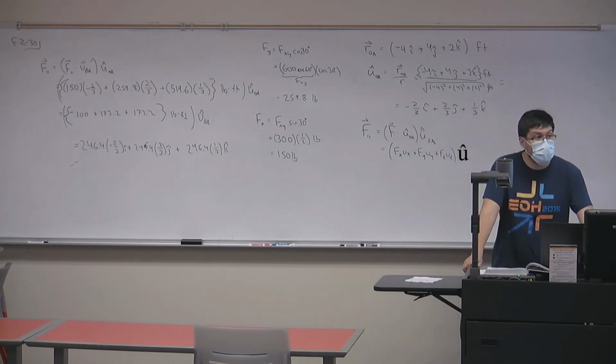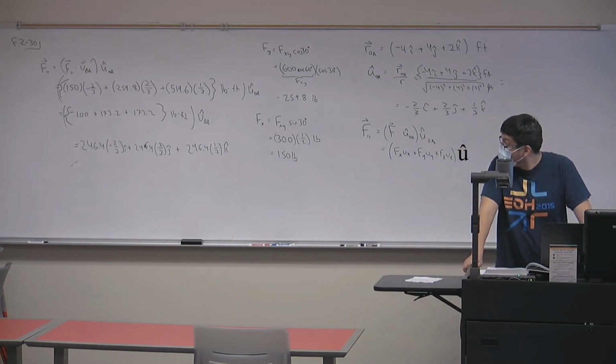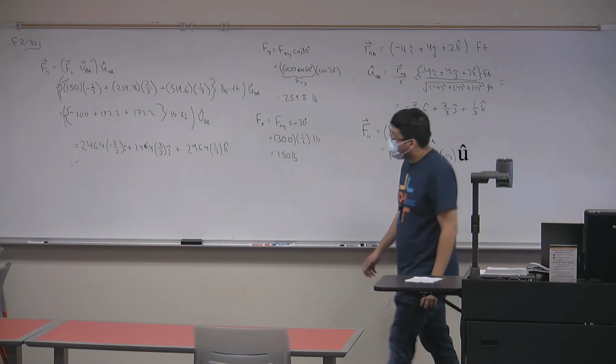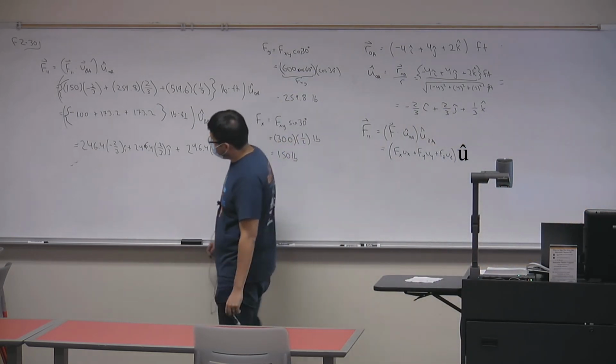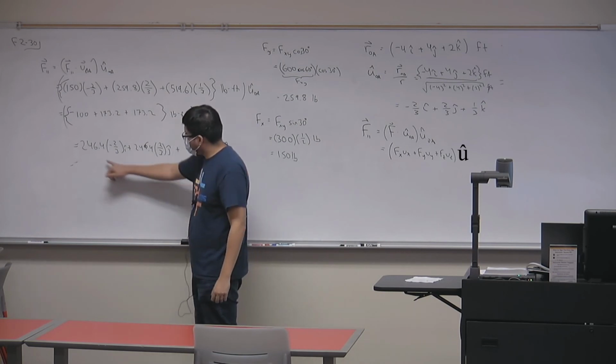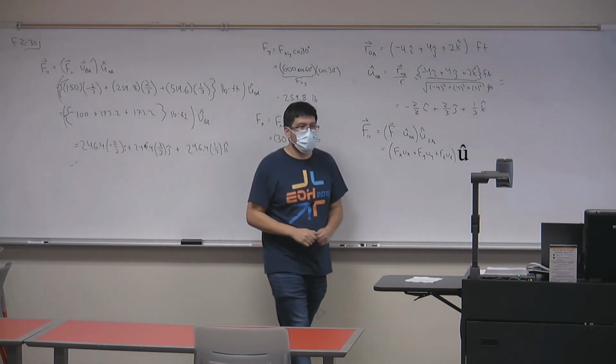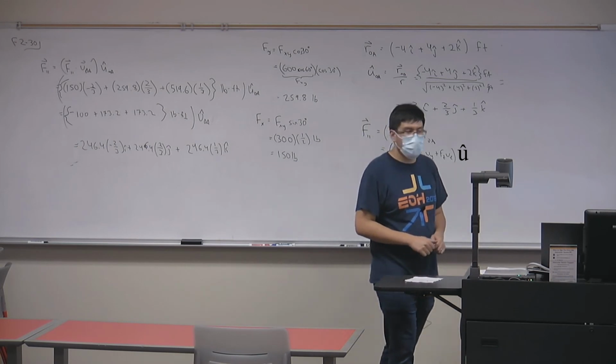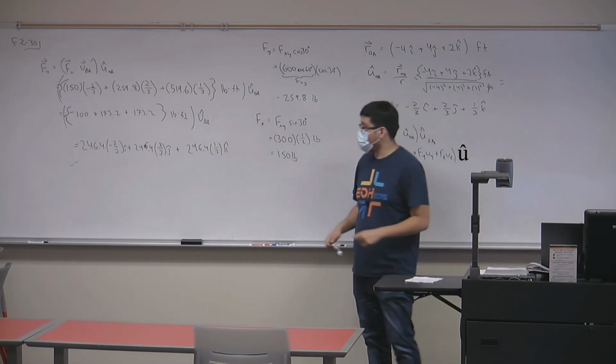Okay, what's the other one? 239.87. And then 82.13. I find it a little hard to believe that 246.4 times 2 over 3 gives me 239. 164.3. There we go, 164.3. That's a little bit better.